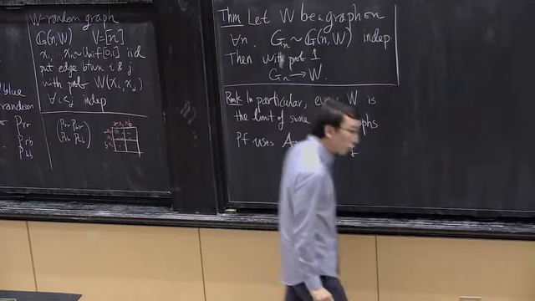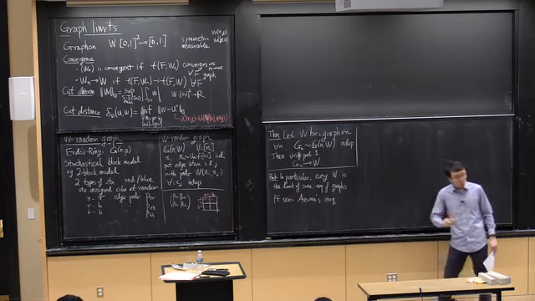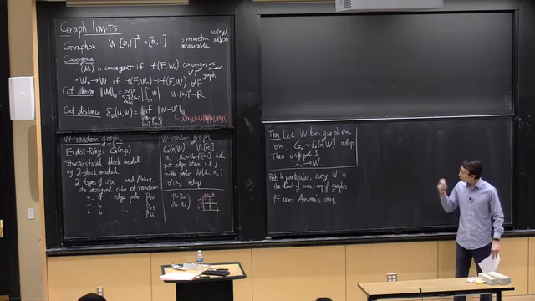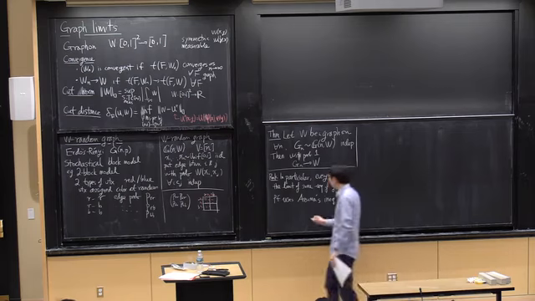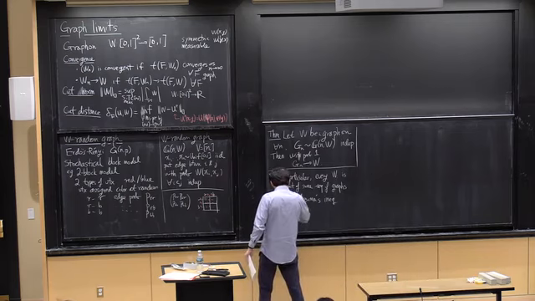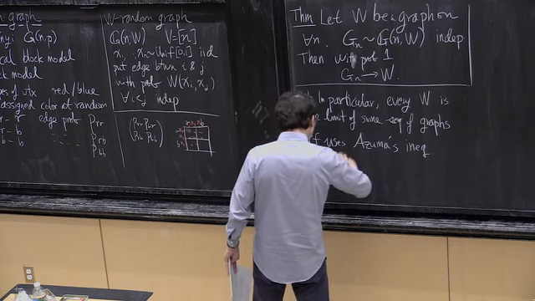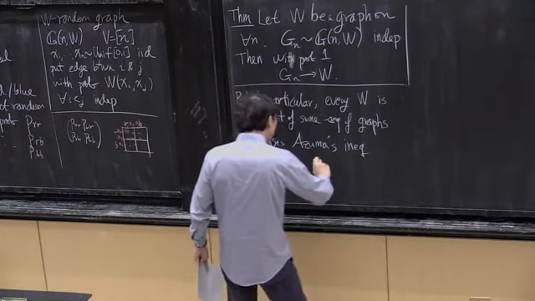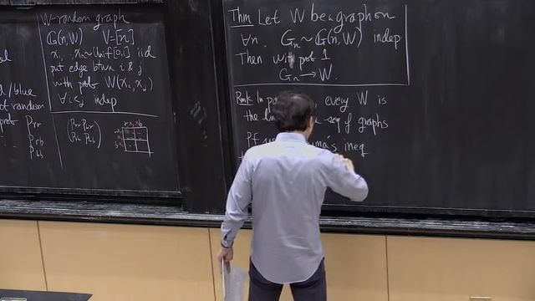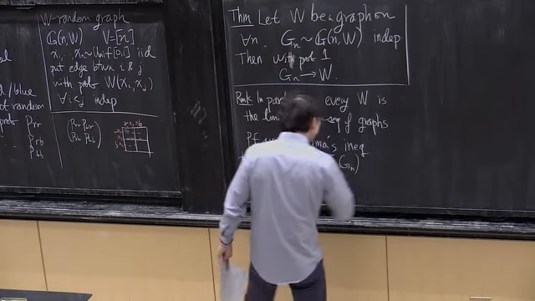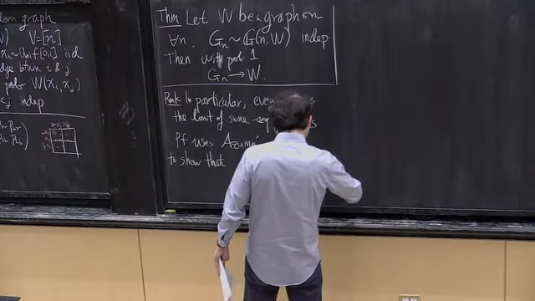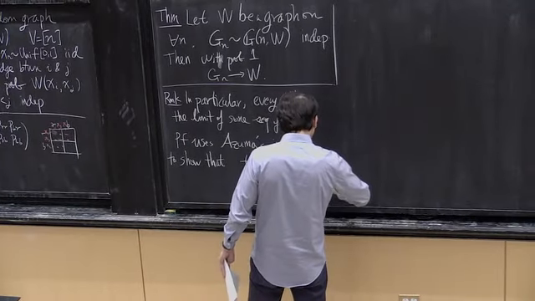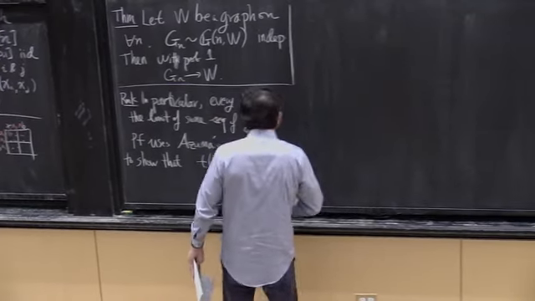So by an appropriate application of Azuma's inequality on the concentration of martingales, one can prove this theorem here by estimating the probability that, so to show that the probability that the F density in Gn is very close to the F density in W with high probability.